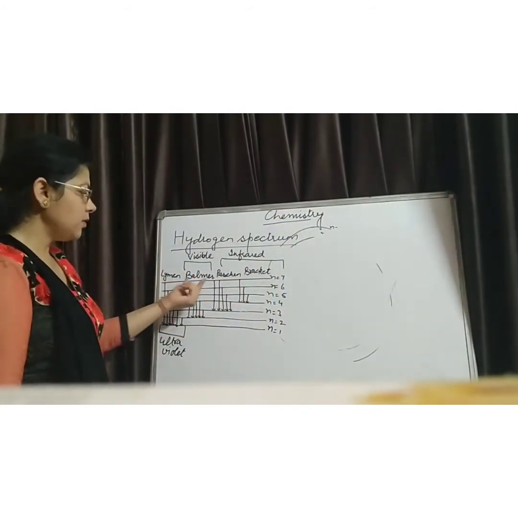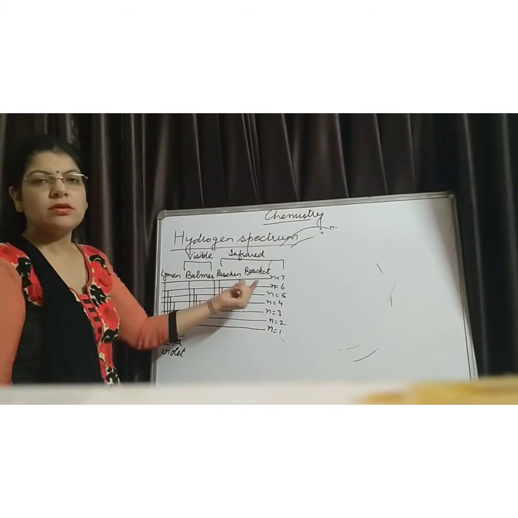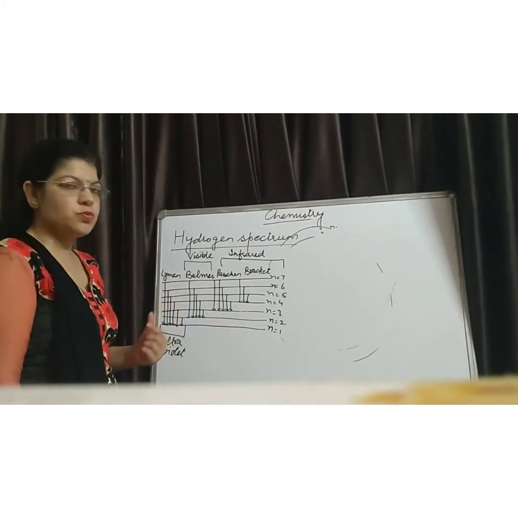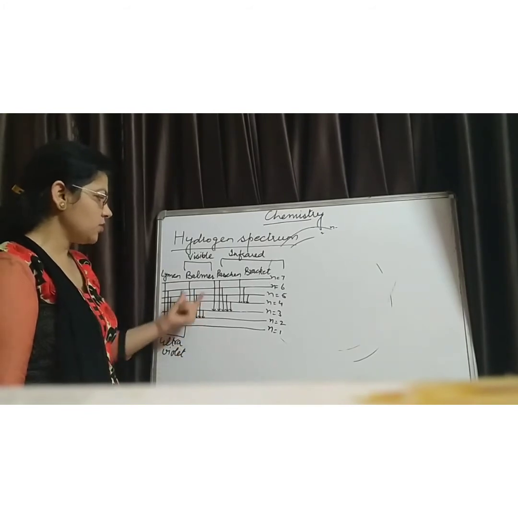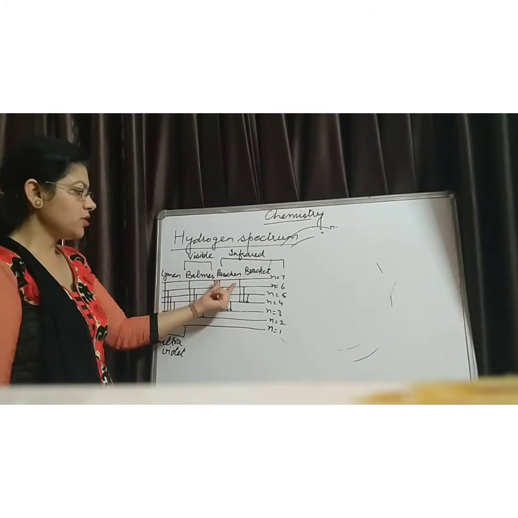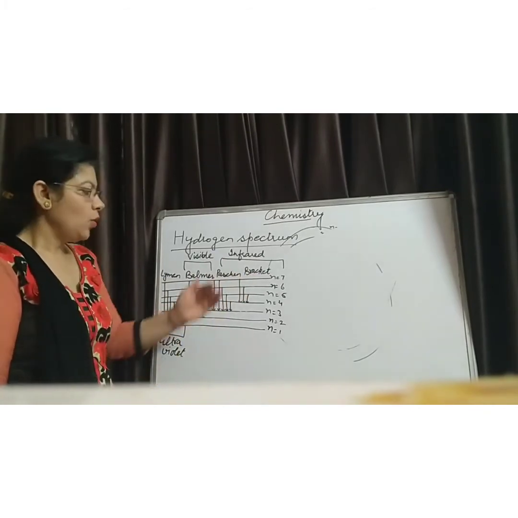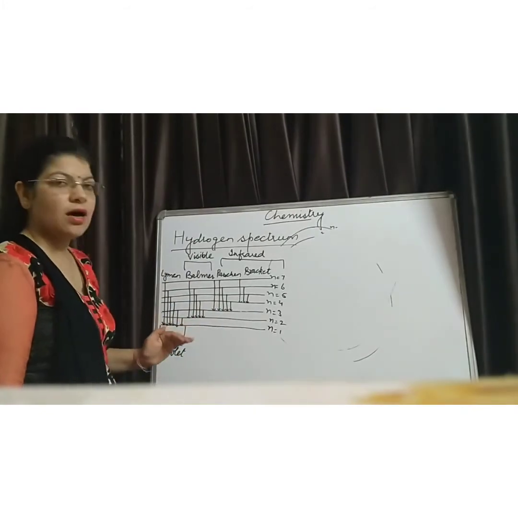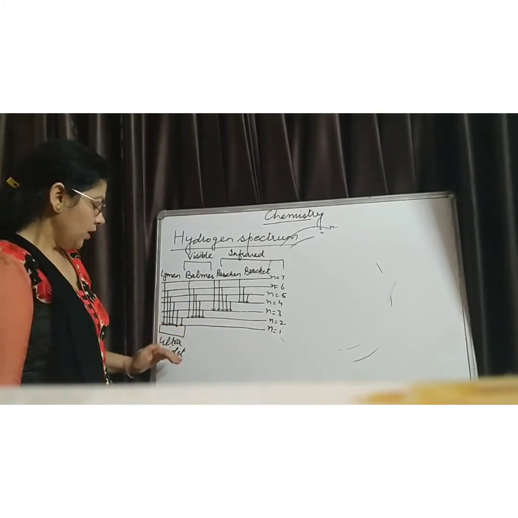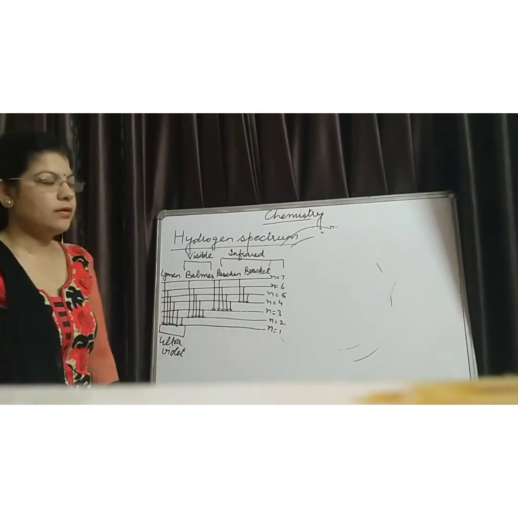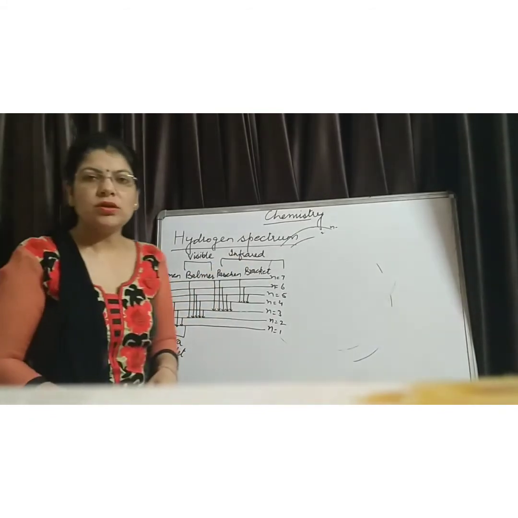Out of Lyman, Balmer, Paschen and Brackett, we can see only the Balmer series because it falls in the visible region. Lyman, Paschen as well as Brackett we can't see, because these radiations fall either in ultraviolet or infrared radiations.